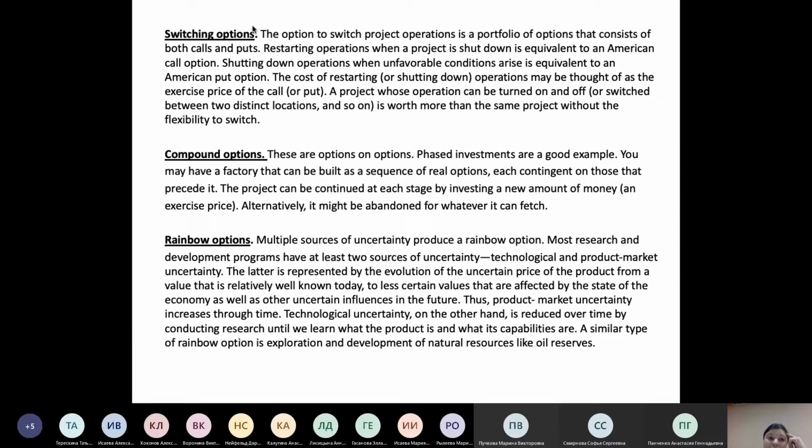Only knowing the construction of this model, you have to put in the values. So you have to determine the values of all the parameters, and certainly it gives you the opportunity to find the value of our option.